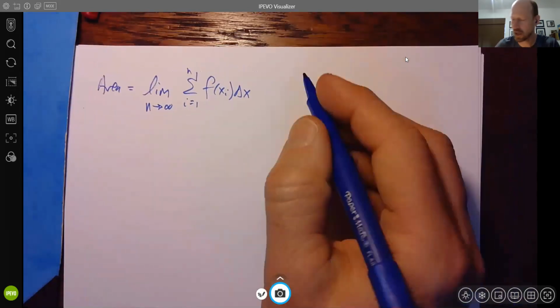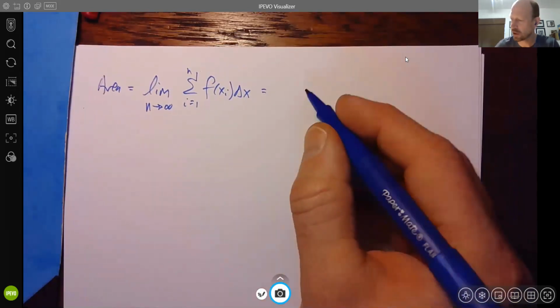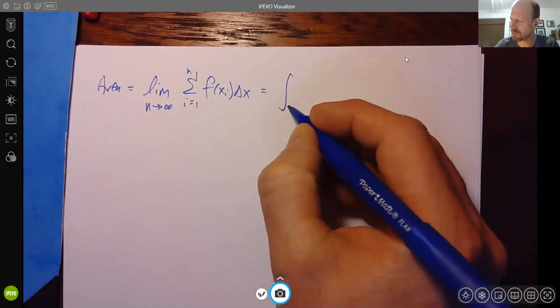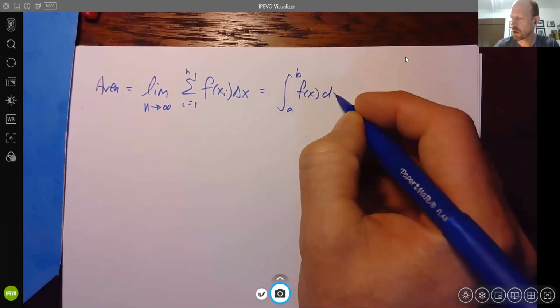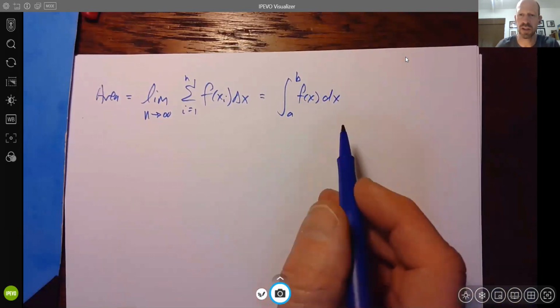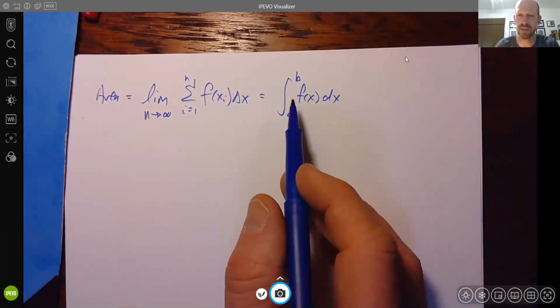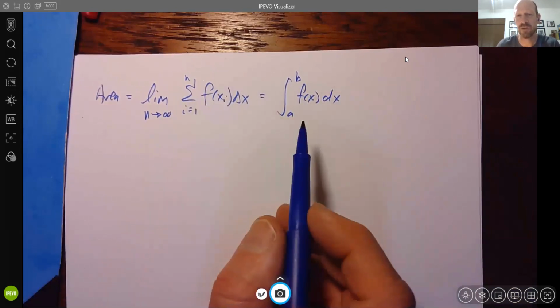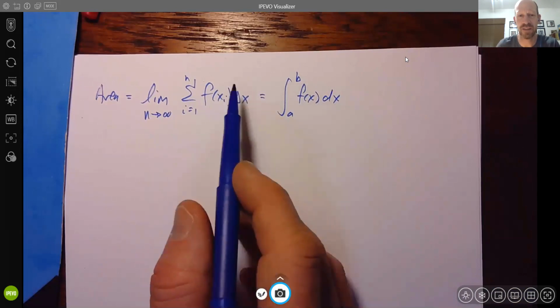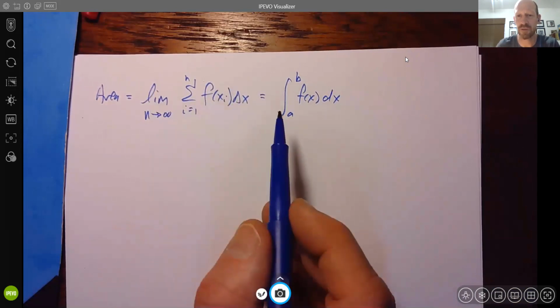And what we just saw there is that it is also equal to this definite integral from a to b of f of x dx. So it's really the definition. When I write this definite integral, what I really mean is this limit. I do have to keep track, like in this definition, I don't really have the bounds.